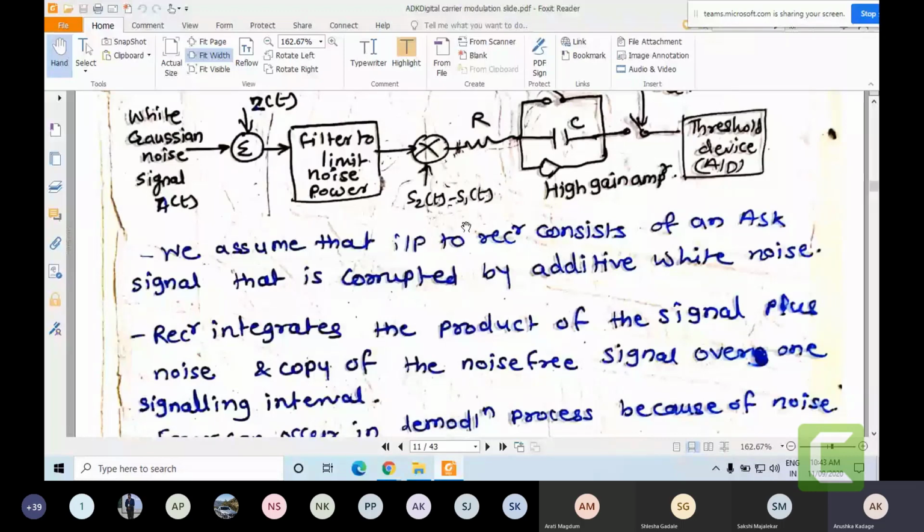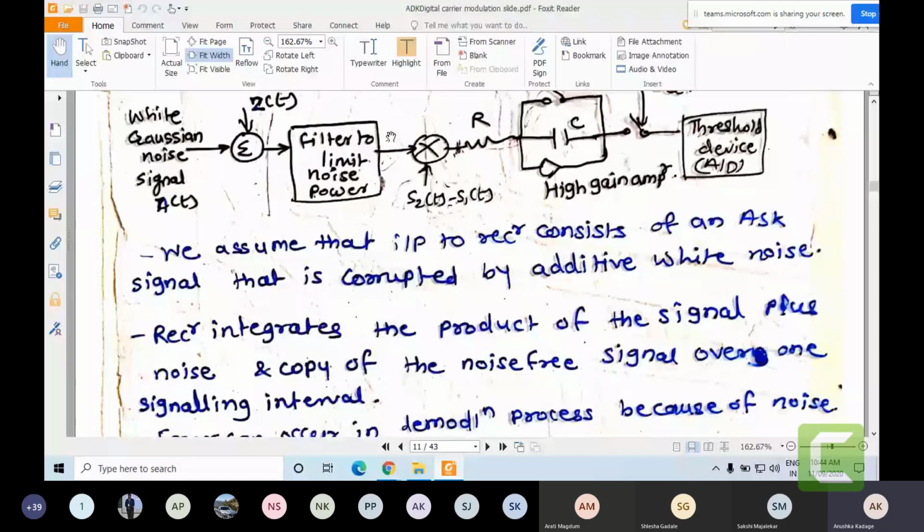So whatever the modulated output is, that modulated output will get multiplied with the A cos of omega c t signal. And we know this modulated output will have either the presence of signal, and if presence of signal is there, that is also A cos of omega c t, and at the other bit period there is absence of signal. And if absence of signal is there, then that signal component value is 0.